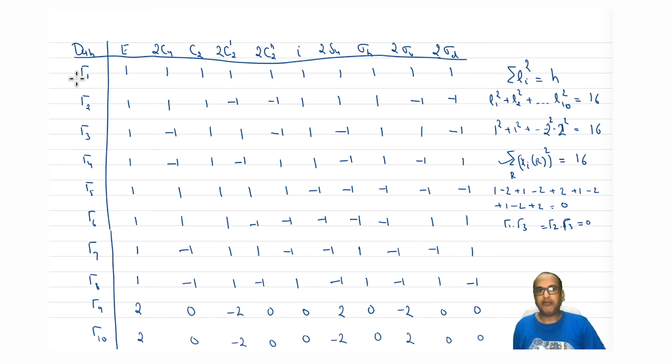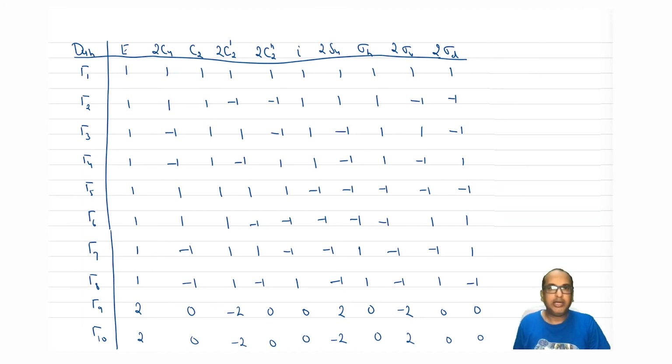Okay, so now that we have written all 10 representations, let us try to find out the Mulliken symbols corresponding to each of these. Let me just copy this page so that I can rub this off. So let's work out the Mulliken symbols.